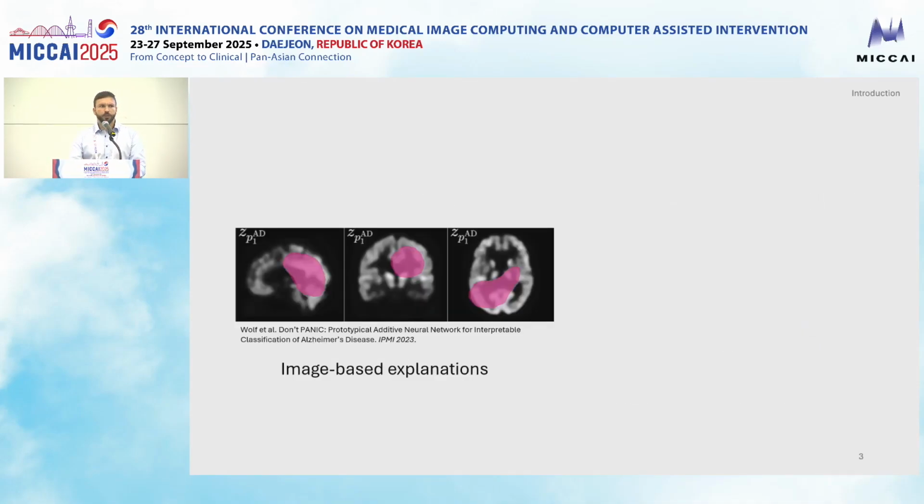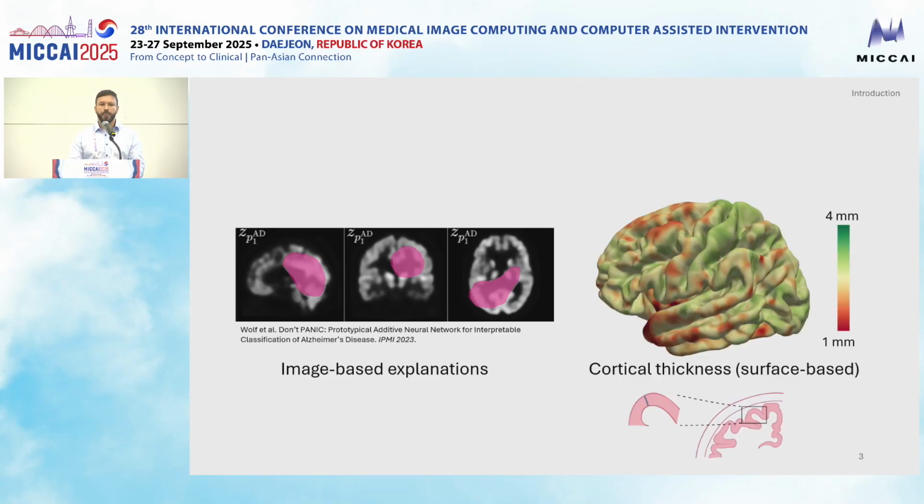However, most interpretable methods for medical image analysis are image-based. And as you can see on this image, which I got from an explainable method for Alzheimer's prediction, the model looks at many parts of the image, but not necessarily at the cortex. This makes it difficult for us as humans to follow or understand the model's decision-making and ultimately to assess whether we can trust its prediction.